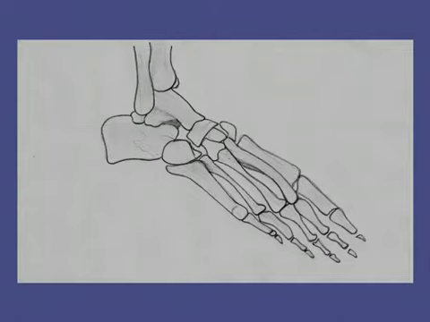All the arches are formed by different structures: the bones, the ligaments, and the muscles. So if the muscular tone is not sufficient, the arches won't be there. If the ligament is lax, the arches won't be there. If there is some biomechanical abnormality in the bone, there won't be proper arches.